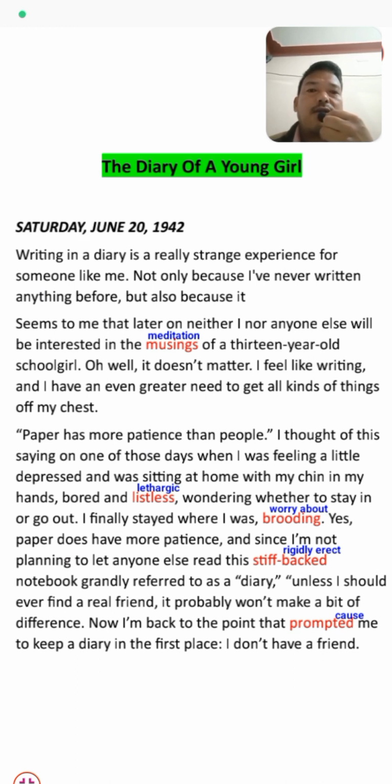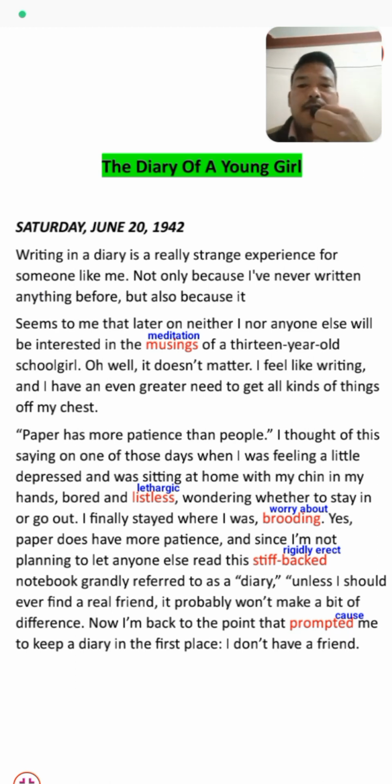And while writing diary, that young girl had everything inside in her chest. Chest means, students, she wants to pour out whatever she feels inside her, and she wants to write on the diary. This is what she wants to express through the diary.